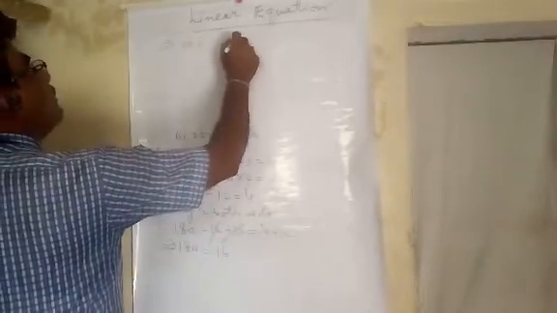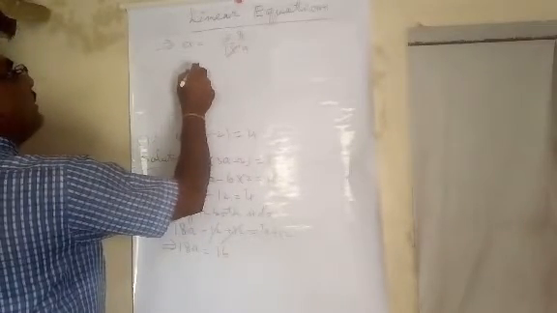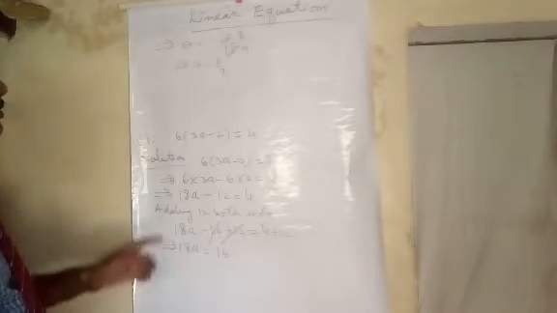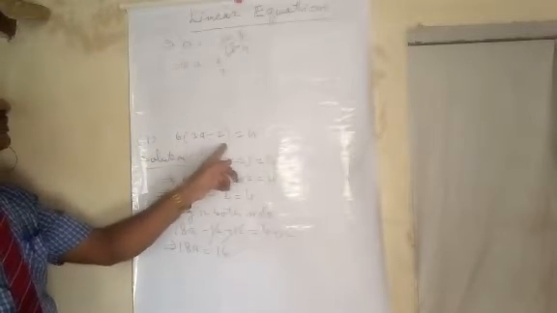Two eights are 16 and two nines are 18. Then a equal 8 upon 9.